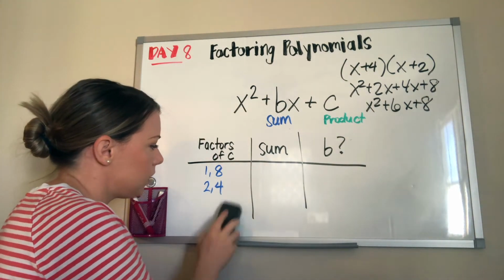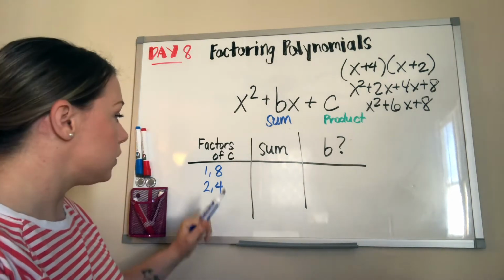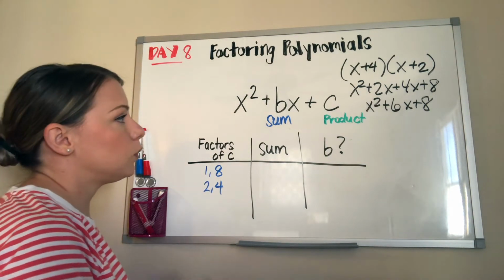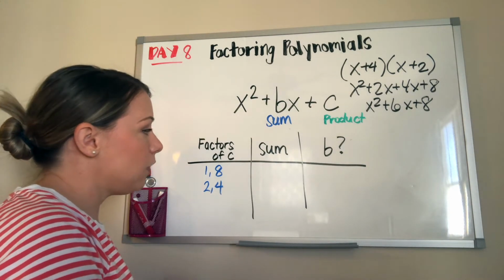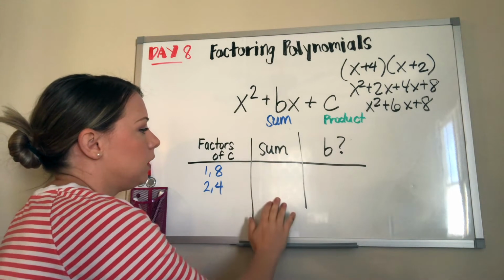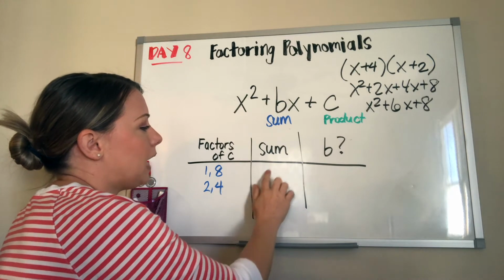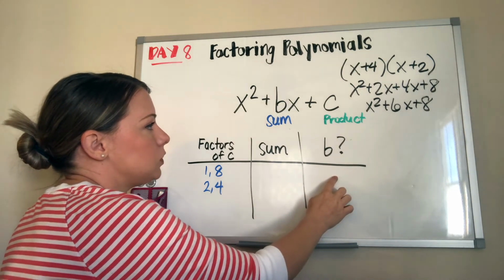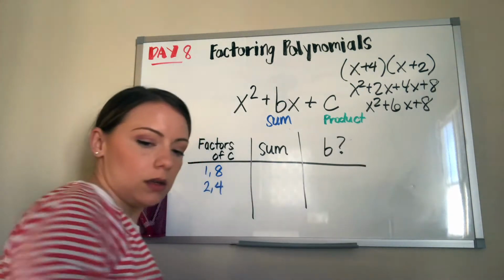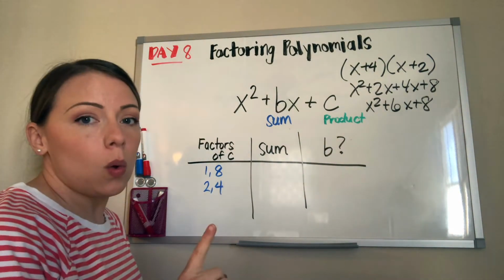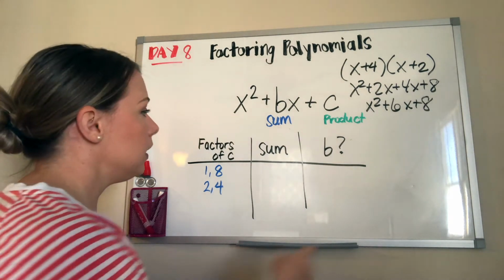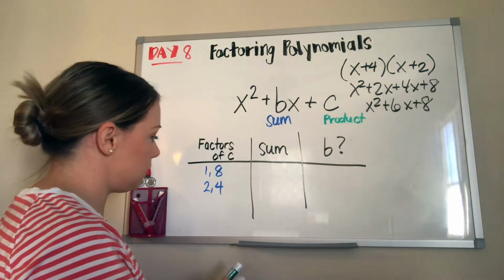All right, so let's go ahead and say all of our factors are 1 and 8, 2 times 4, and that's it. Now we're going to add those factors together and see if, when we add them together, it happens to be what we have as B. So my B is 6. So our goal is to be able to add these together and end up getting to 6.